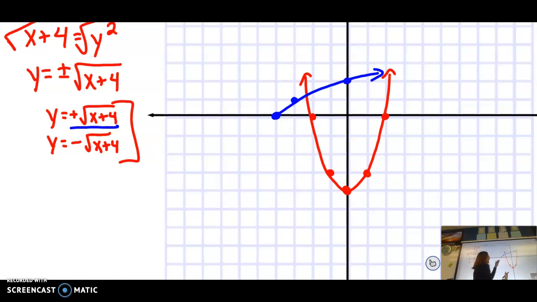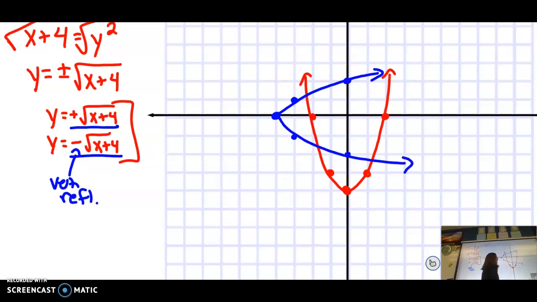And you'll notice that's only a reflection of part of the parabola. I need the other piece of it, which is this piece right here. It's just a reflection because of the negative. Remember, that's a vertical reflection. So I'm going to take my blue graph and just flip it vertically like this. And those are the two pieces.